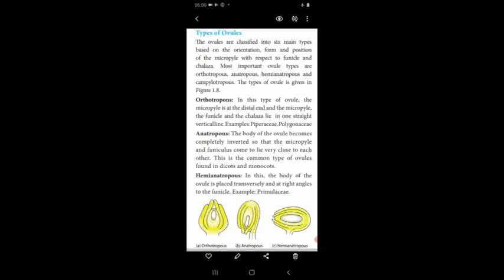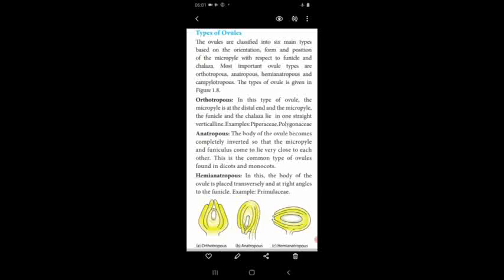In this type of ovule, see the diagram. The micropyle is at the distal end. At the same time, the micropyle, chalaza and the funicle lie in a straight vertical line, which is called orthotropous.